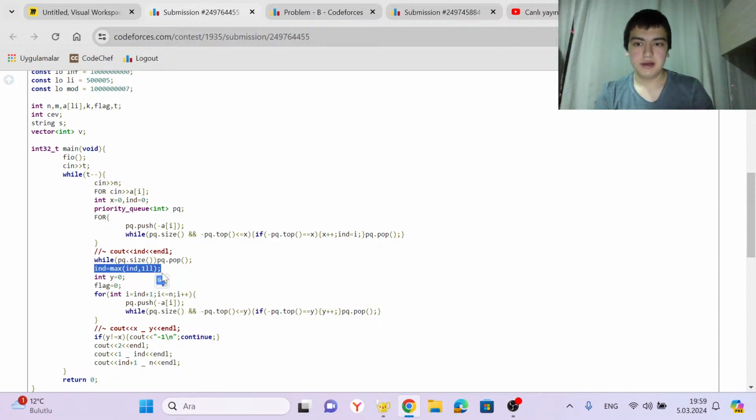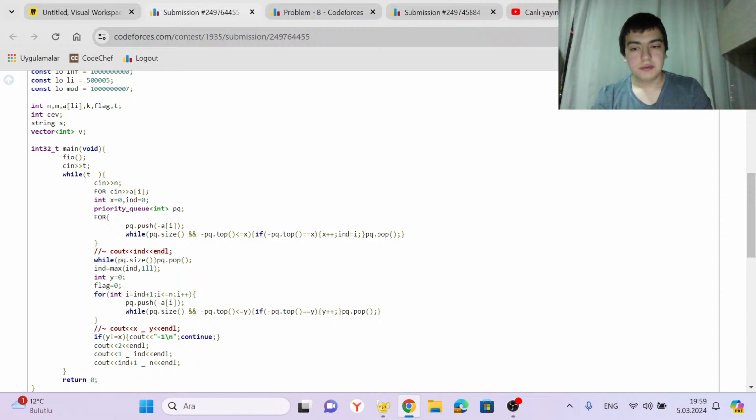So it must be greater than 0, so I'm maximizing it to 1 here. After that, I am declaring an element y. It's initially equal to 0. Y gives the max from int plus 1 to n.